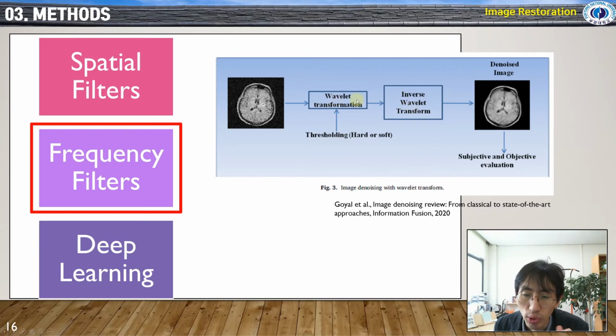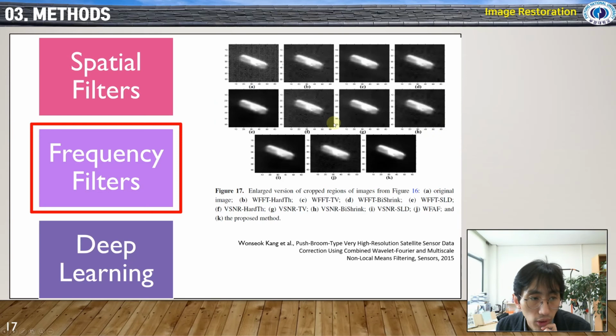So we revert it, and then we can get the denoised image here. The image was taken from this paper. In this way we can remove noise: you see this image has lots of noise, and if you process it correctly, then you can get this clean image.